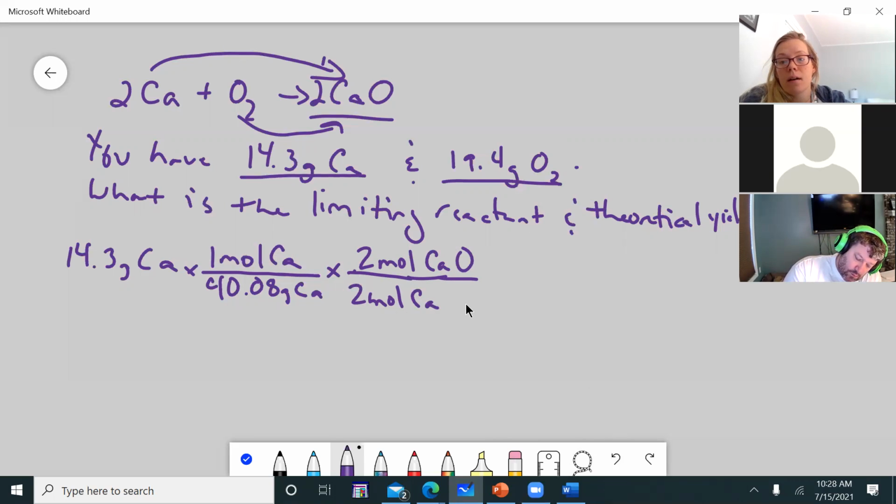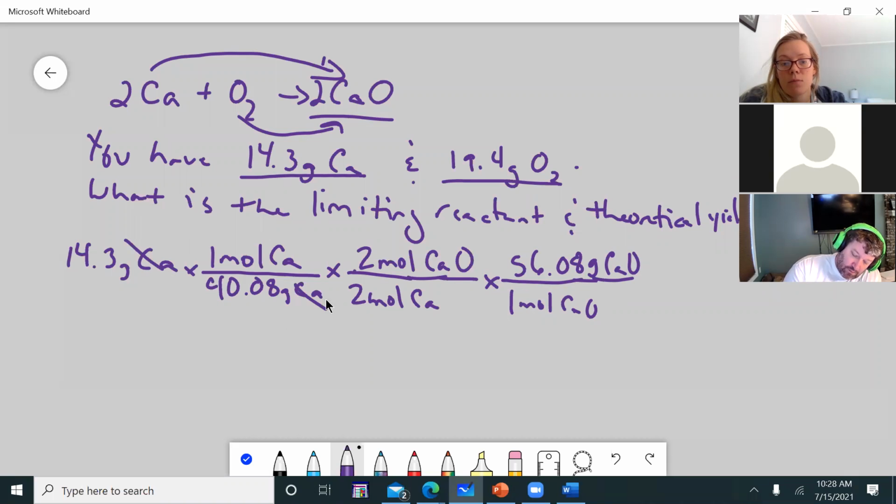So from there, we now need to convert from moles of the product into grams of the product. So for every 1 mole of the calcium oxide, I have a mass of, let's see, 40 plus 16, 56.08 grams of calcium oxide.